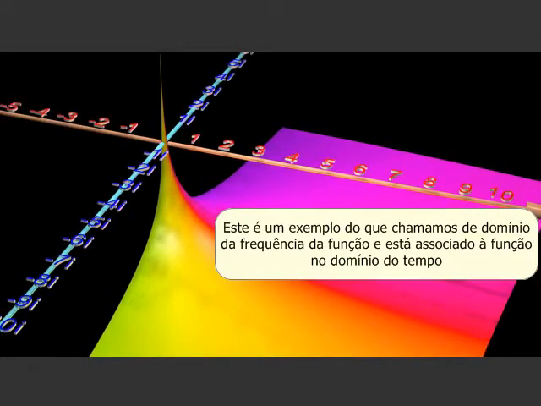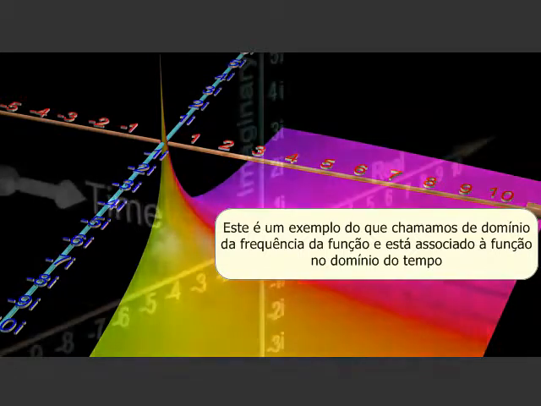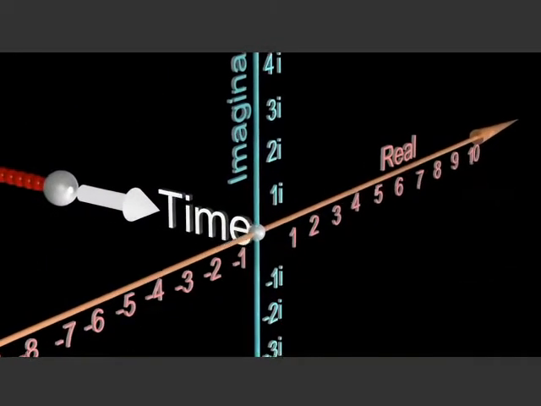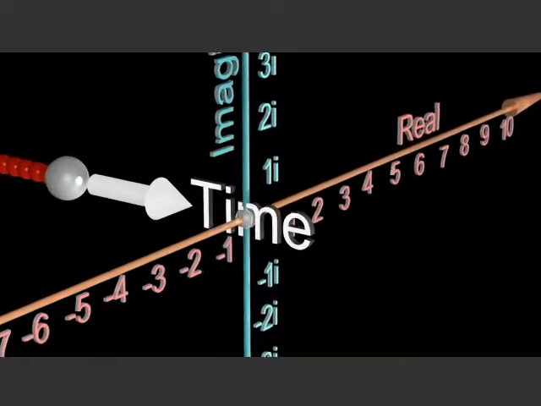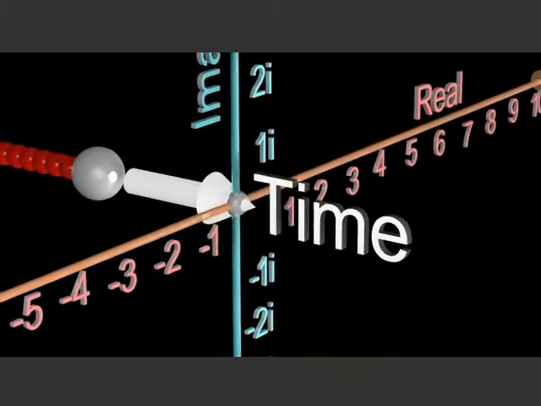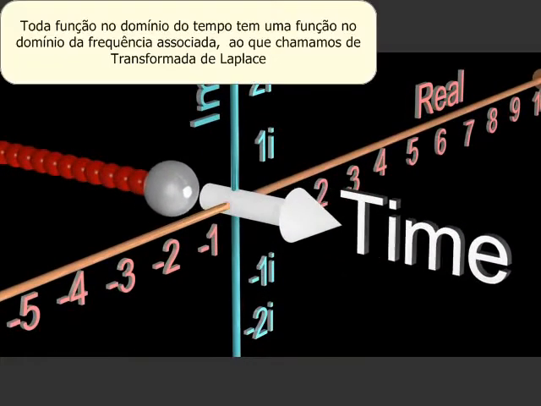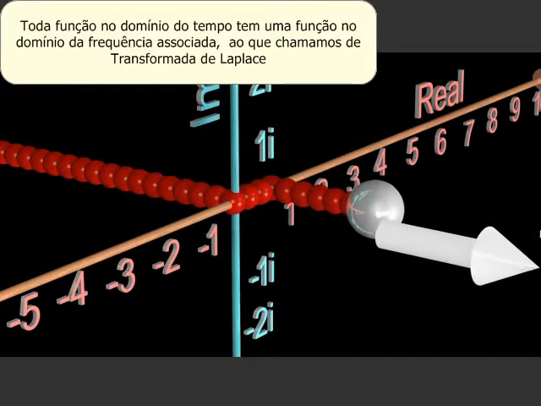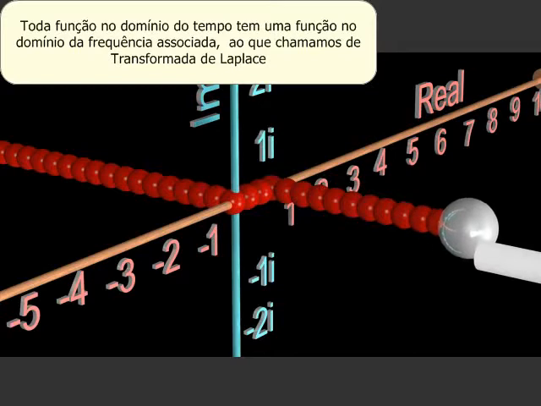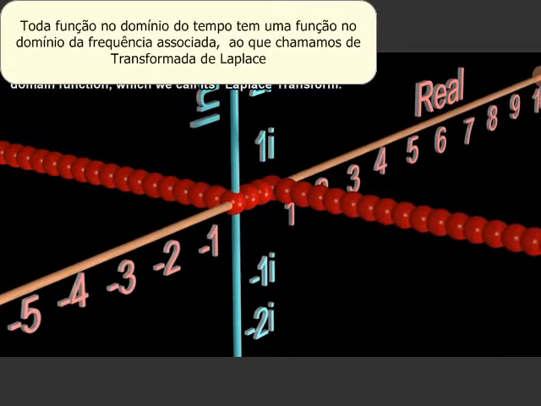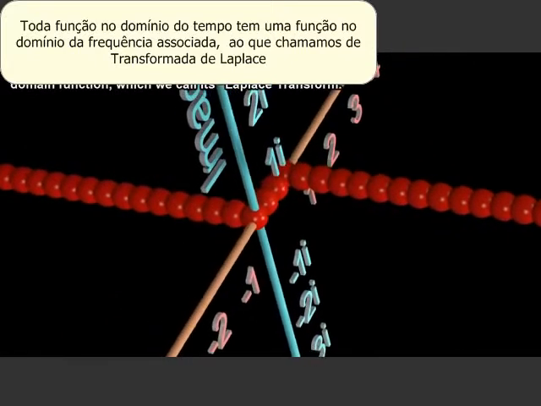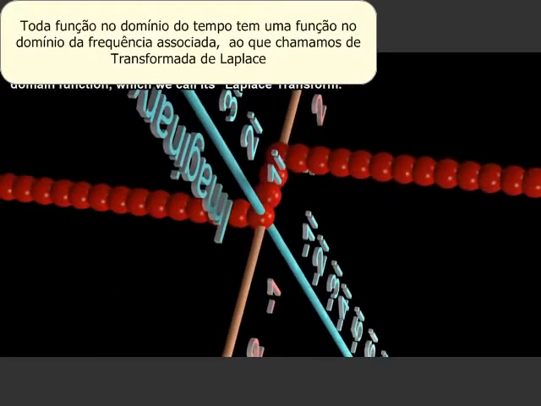And this example is associated with the following time domain function. A time domain function is simply a function of time. Every time domain function has an associated frequency domain function, which we call its Laplace transform.